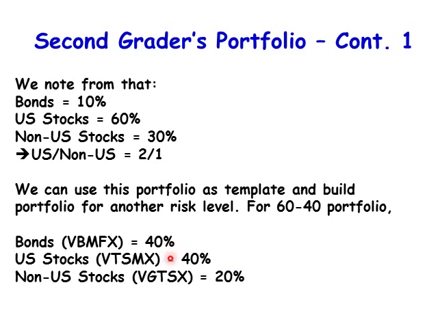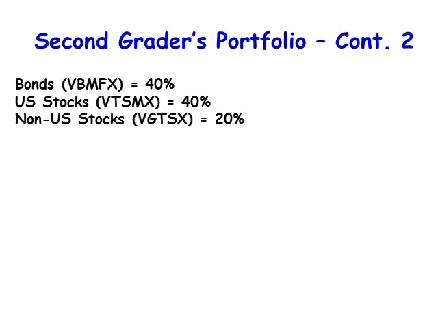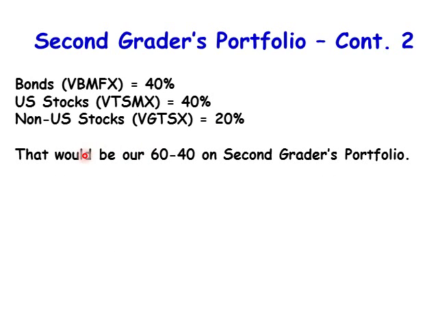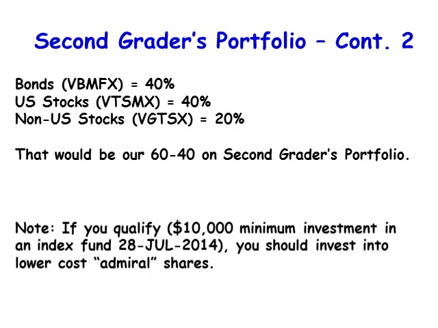Here's a 2-to-1 ratio of US to non-US, and 40% is my allocation to bonds, as we were trying to do a 60-40 portfolio. So we use second graders portfolio as a template, and we built a 60-40 portfolio using a US to non-US ratio of 2-to-1.